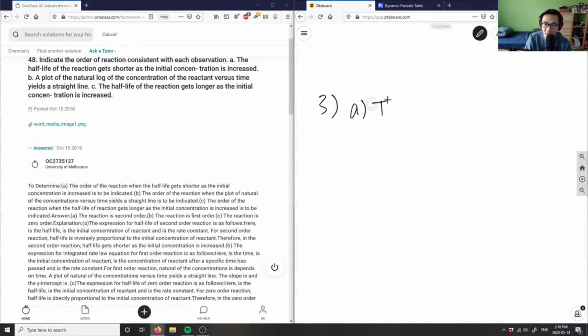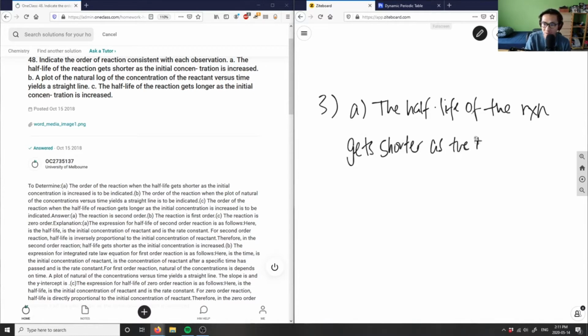So let me write this: the half-life of the reaction. I'm going to use Rxn for reaction. The half-life of the reaction gets shorter as the initial concentration is increased.